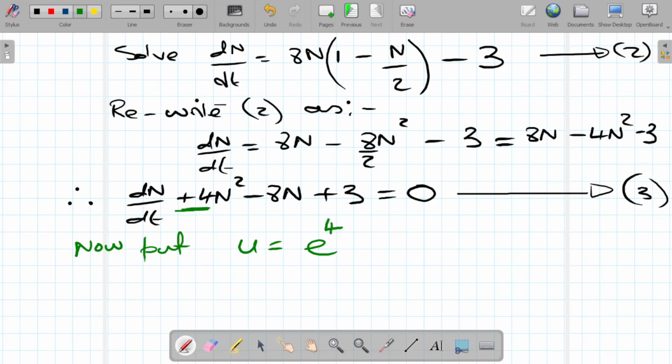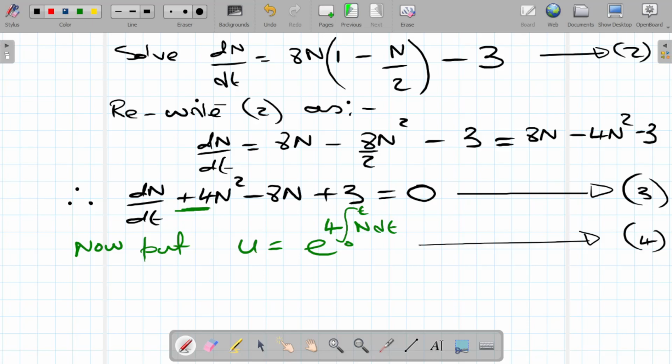We write 4 up in the indices part of that exponent times the integral from 0 to t of n dt. So we'll call that equation 4. So u is equal to e to the power of 4 times the integral of n dt, right?